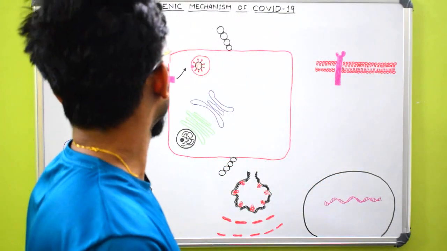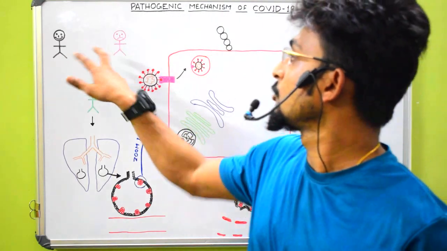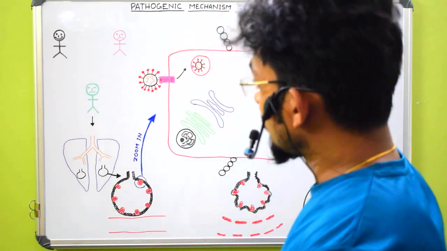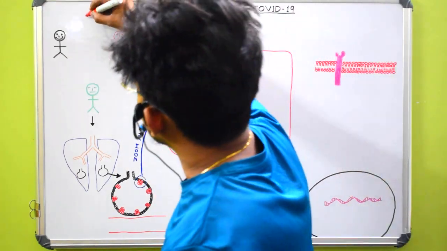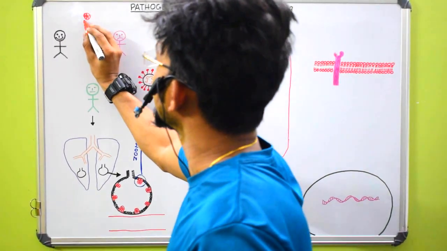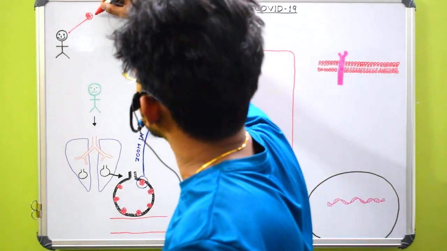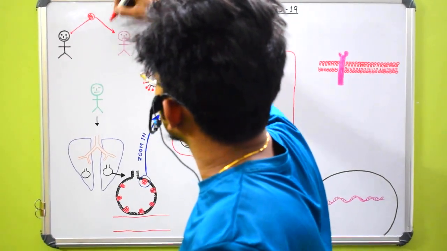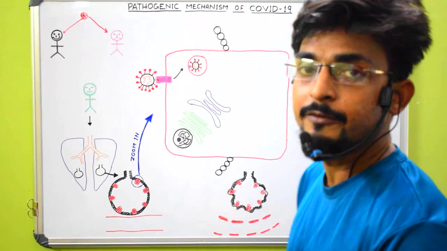Let's start this story with these two funky guys over here. Both of them are infected with coronavirus. Let's say this is the virus and both are infected with it, but they have different features.